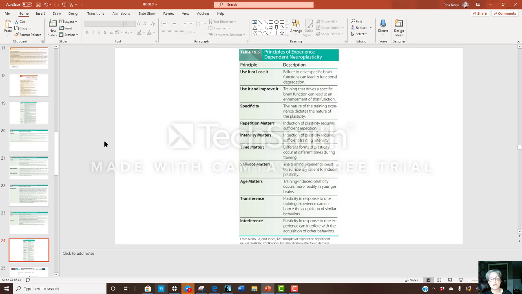This is not what we are giving our patients because of insurance. Intensity matters. Induction of plasticity requires sufficient training intensity. Time matters. Different forms of plasticity occur at different times during training. Salience matters.